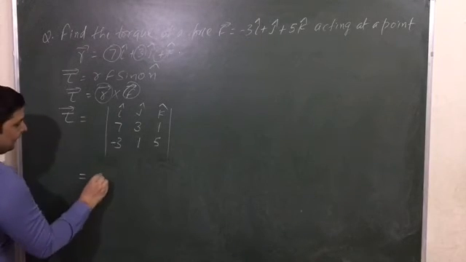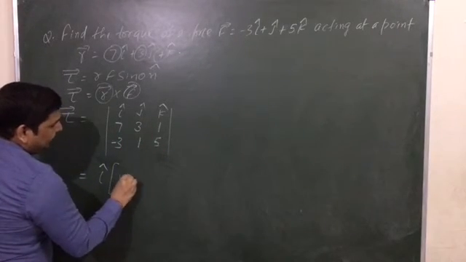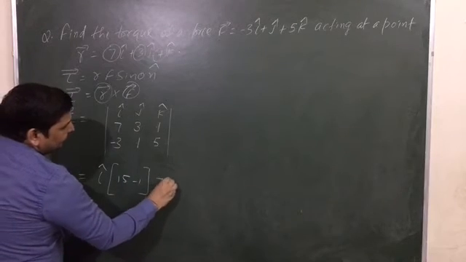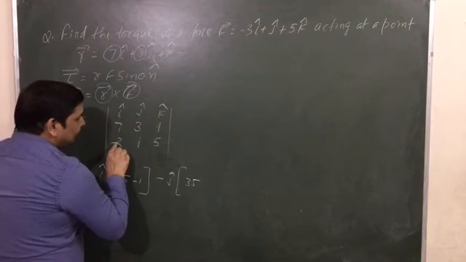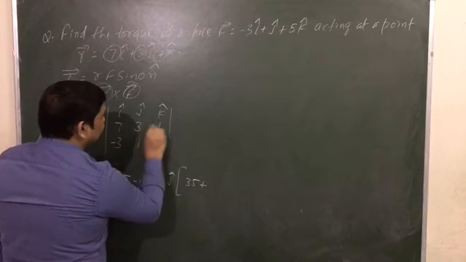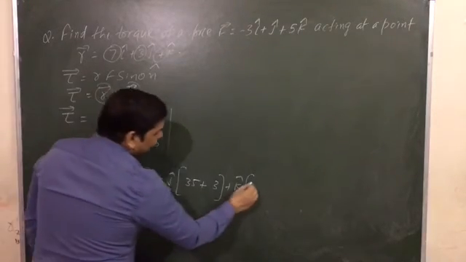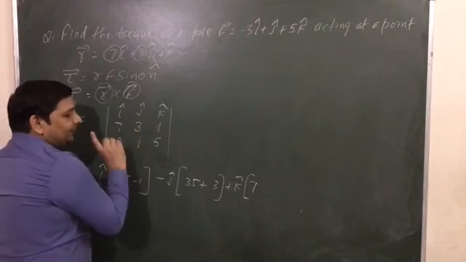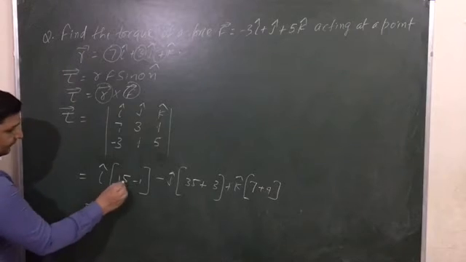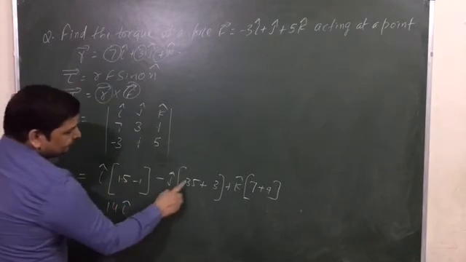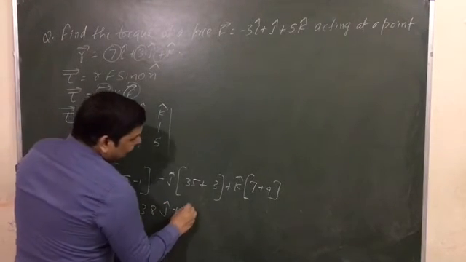Now, i cap (3 into 5, 15, 1 into 1, minus 1), minus j cap (35, minus 3 into minus 1, minus minus plus 3, into 1, 3), plus k cap (7, minus 3 into minus 3, minus minus plus 9). 14 i cap, 38 j cap, and 16 k cap.